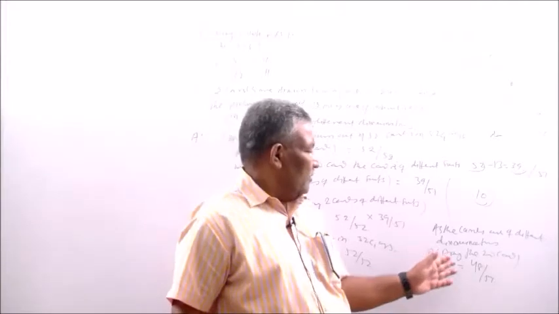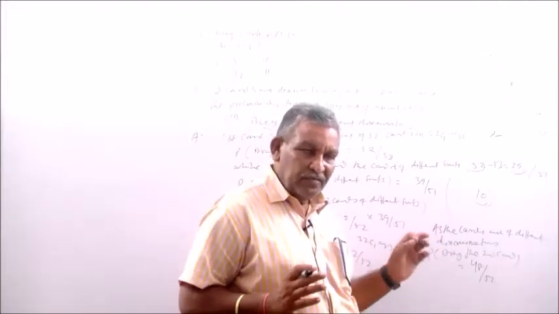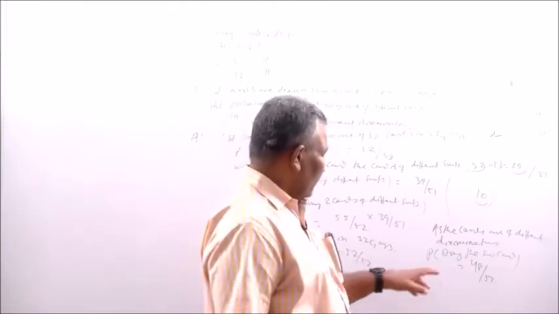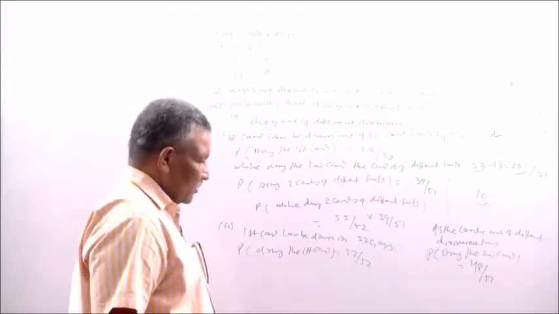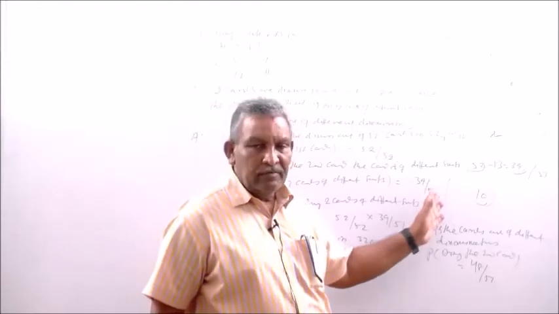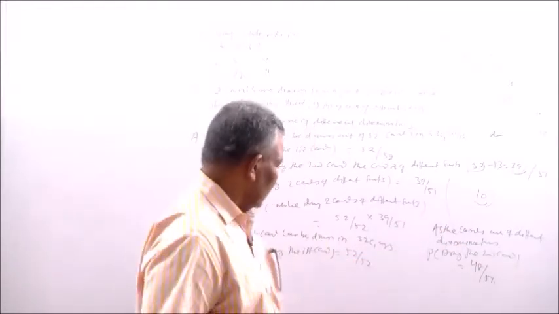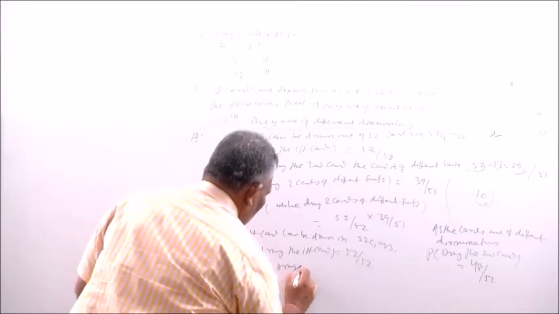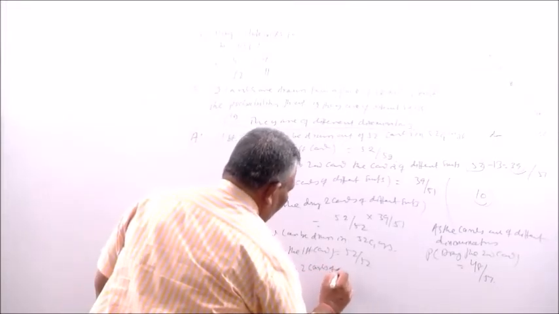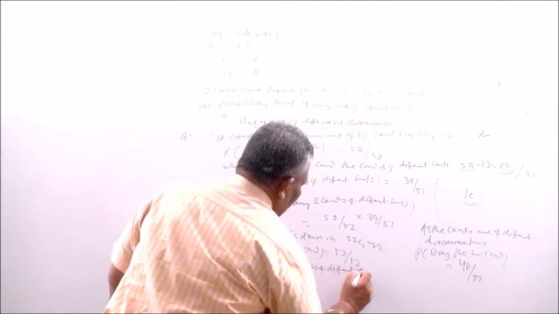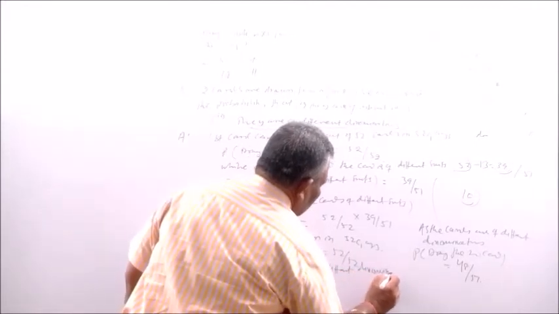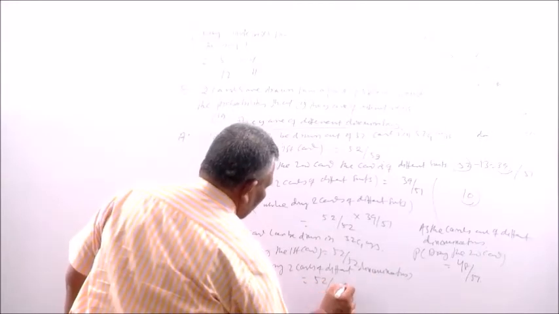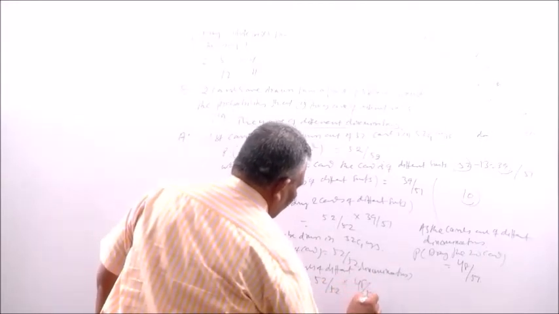And suppose you draw a card of a denomination, there are 4 cards of different suits of that denomination. Therefore, we subtract 52 minus 4, that is 48 cards. So the probability of drawing 2 cards of different denominations equals 52 by 52 multiplied by 48 by 51.